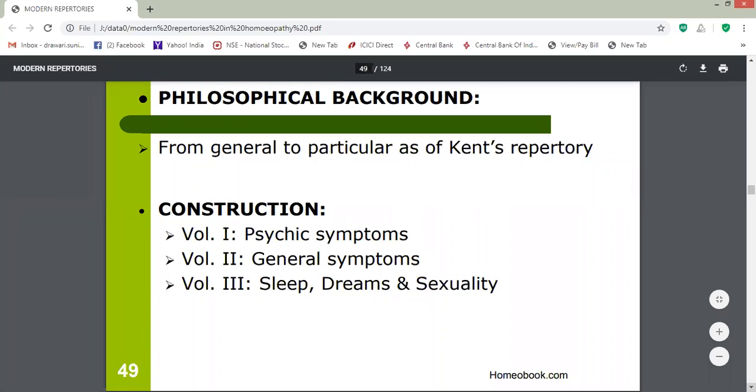Then the main base of this repertory was Kent's repertory, and as we discussed earlier, other than Kent, the works of 15 different authors were added up as different collections. As it was the same as Kent's repertory, it was based on deductive logic, from general to particular.